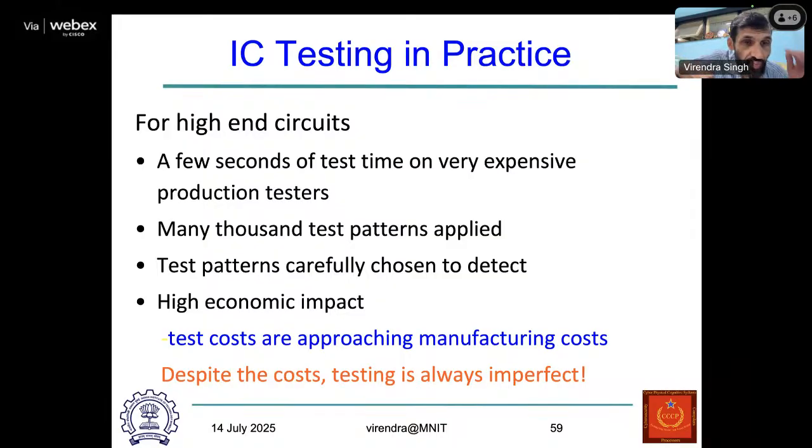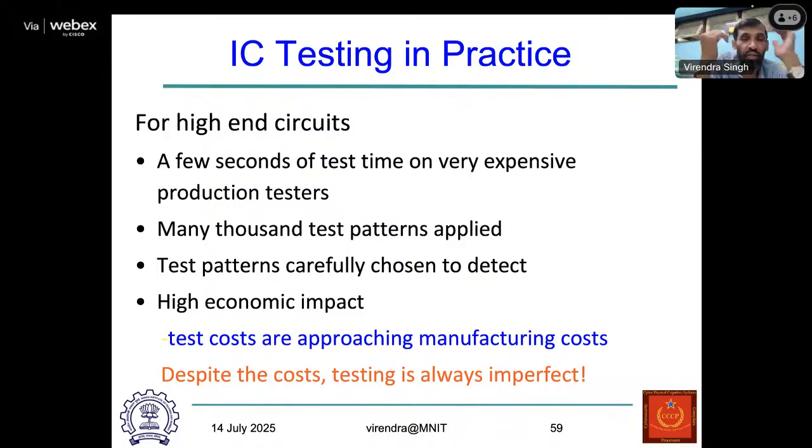So now, a few seconds of test time on very expensive production testers is what we need to have. Within this few seconds to few minutes time, what you can do is apply several thousands of input patterns. So that is the kind of input patterns that you have to find out of 10 raised to the power 30 or something like those patterns.